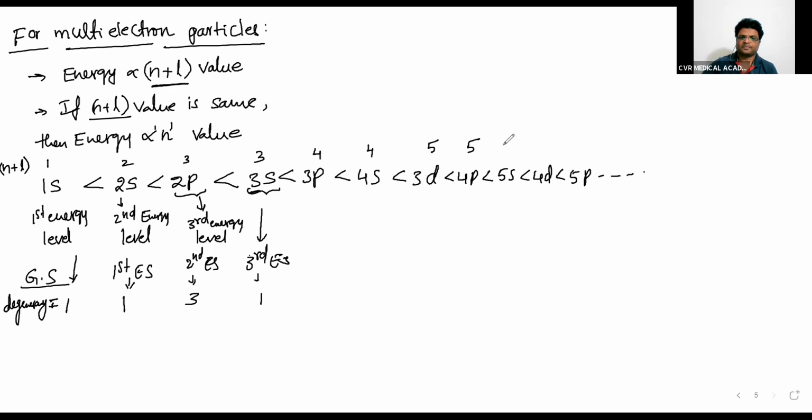5, then 5, 6, 6, and continues. What will be there after 5p? 6s, 4f, 5d, 6p, 7s, 5f, 6d, 7p, and 8s, all this continues.